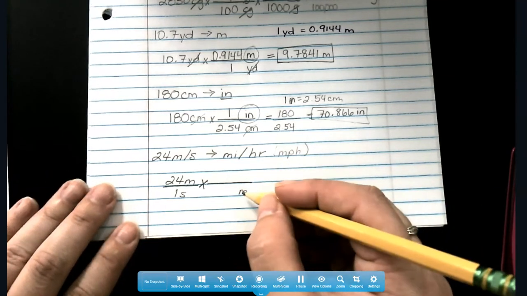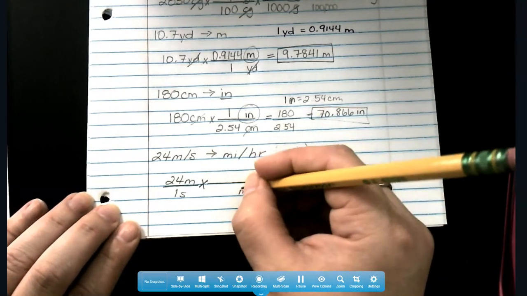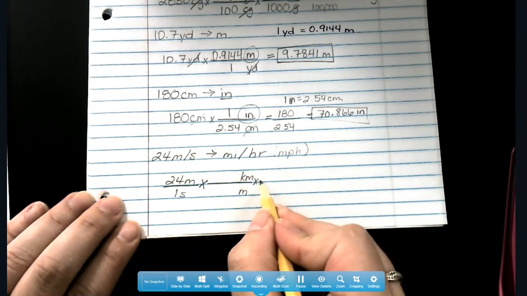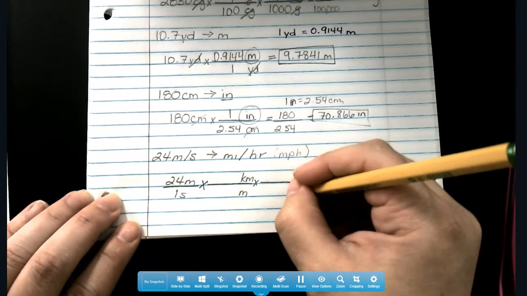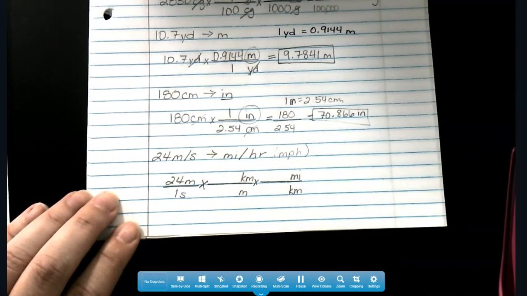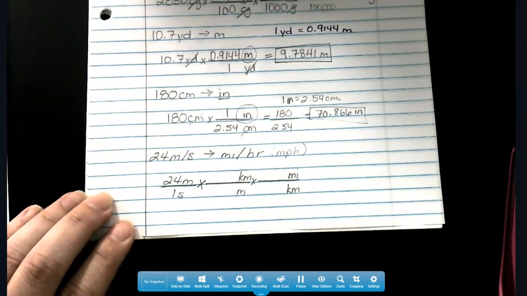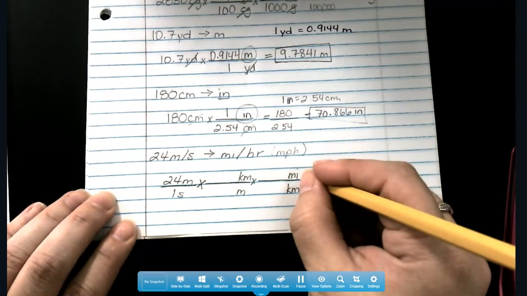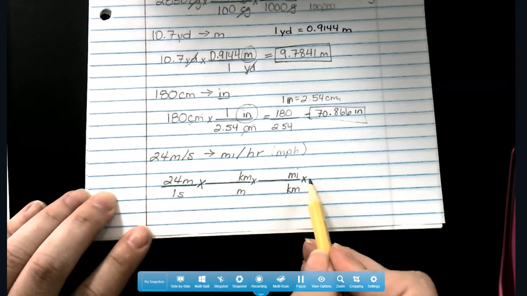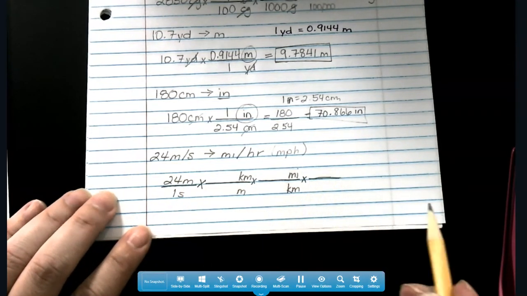And then I can't go straight from meters to miles, but I can go from meters to kilometers, and then kilometers to miles. Okay? Then to get rid of that seconds, way back here, we're going to come back to that. So there's going to be more to this problem over here.